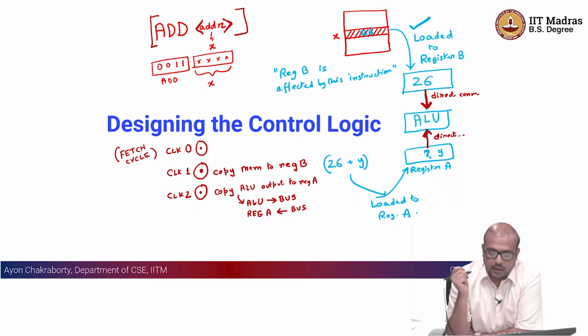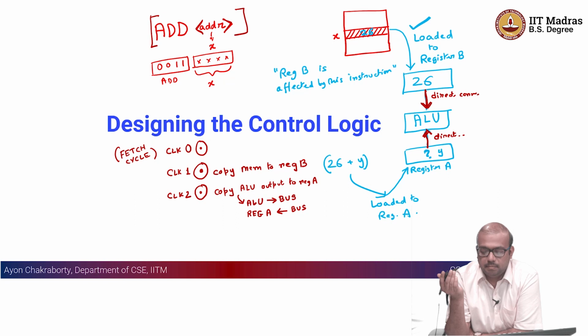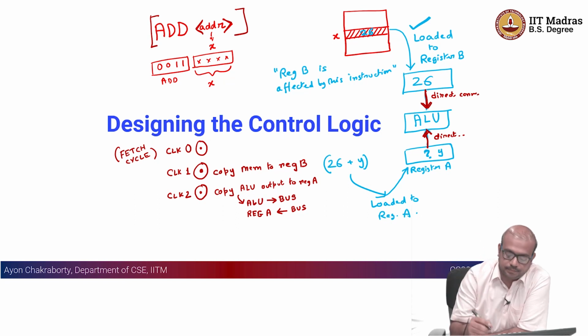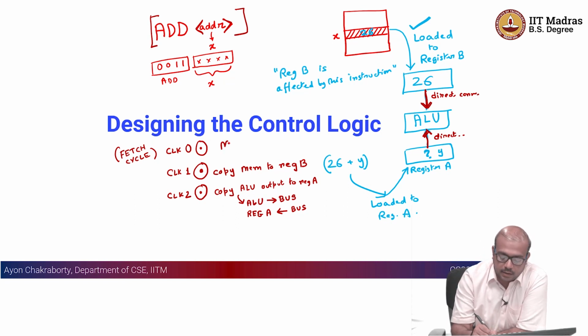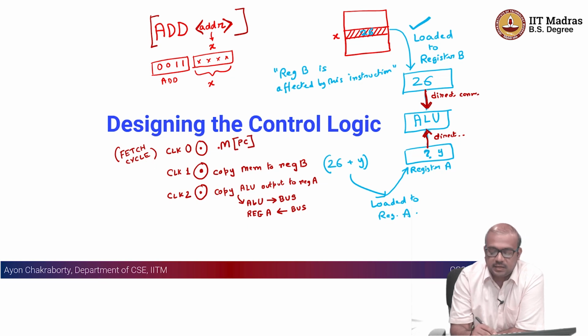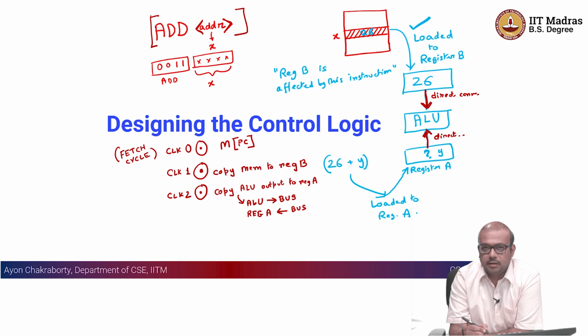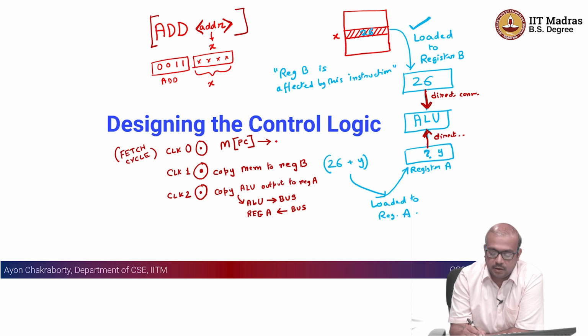Okay. So, the program counter content is going to be the address from where we fetch the memory data. So, the address is going to be the program counter value. This has to be loaded to another register, which is called the instruction register.